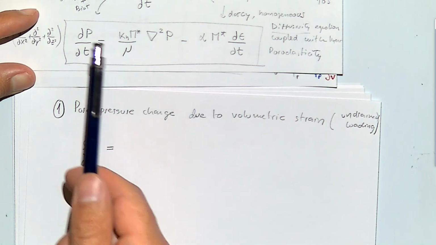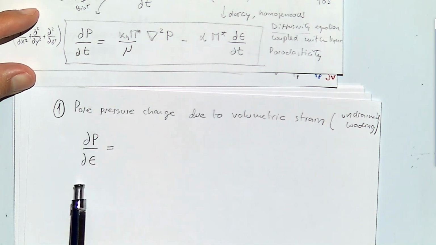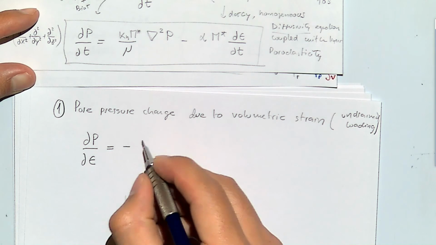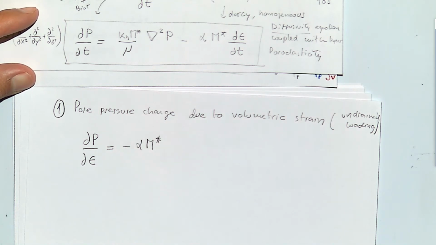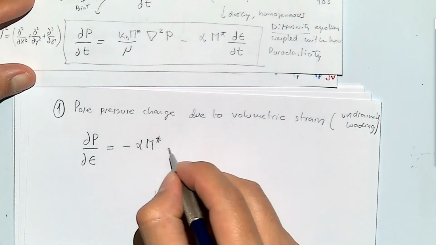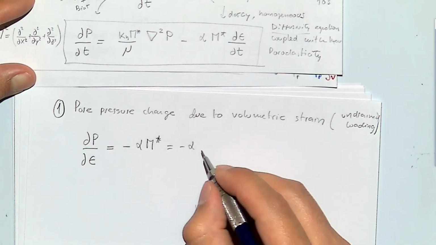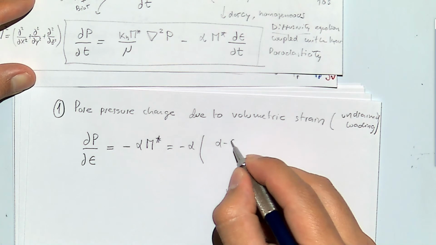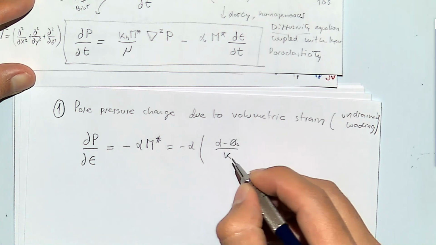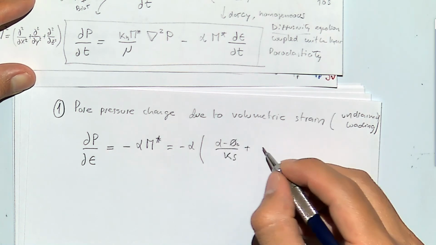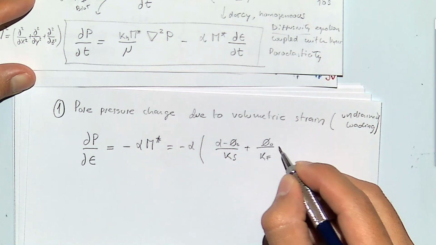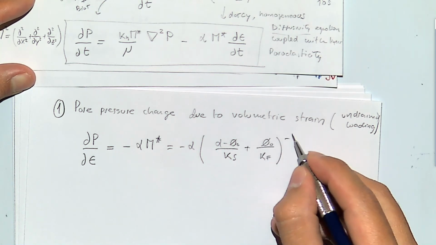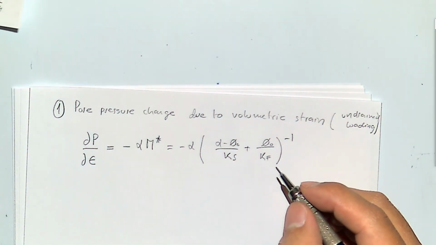So dP divided by dE is just going to be equal to alpha m, and that's it. So if I write what m is, it's going to be this value, and what this tells me is that, for example, this is the same also for the case of, we were saying, undrained loading next to a hydraulic fracture.